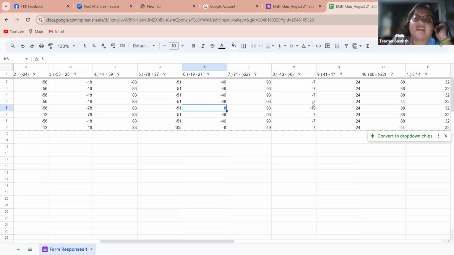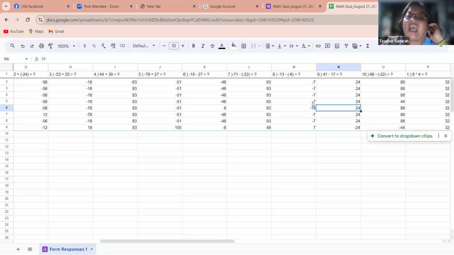Then next, 71 minus negative 22. You got it right. And then next is negative 13 minus negative 6.